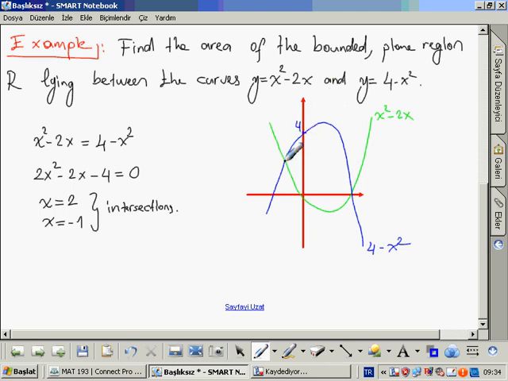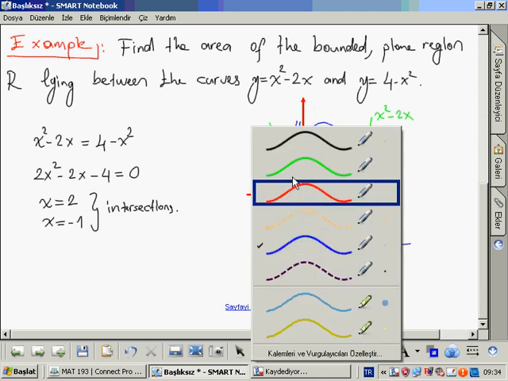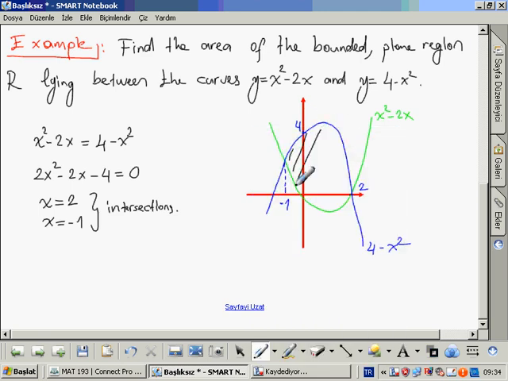This is 4, this is minus 1, and this point is plus 2. Now we are looking for this region R's area. What can we say about these two functions? We can say the blue one, 4 minus x squared, is larger than or equal to the green one, the x squared minus 2x function, for that interval.